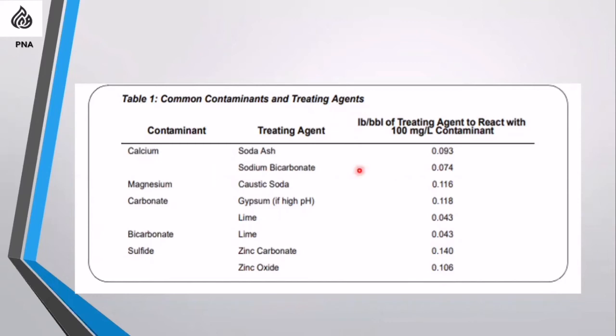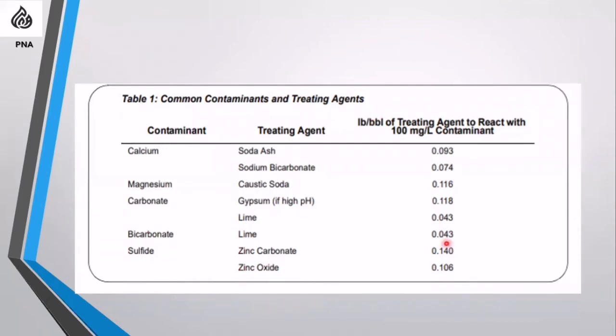For sodium bicarbonate, it's 0.0074. This is for 1 milligram per liter. So for carbonate, if we need to treat with gypsum, it's 0.018 for 100 milligram per liter. For lime, it's 0.043 for 100 milligram per liter.